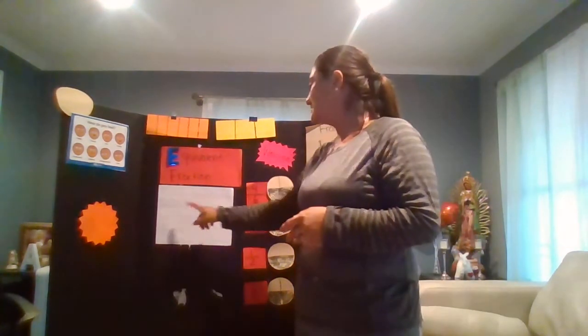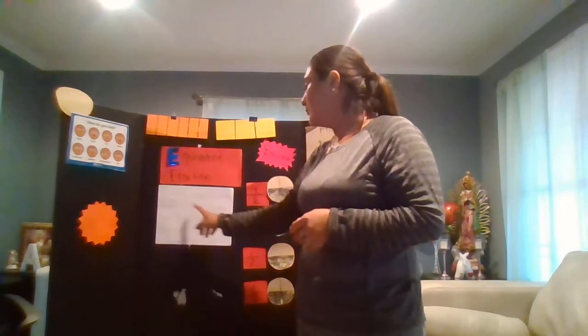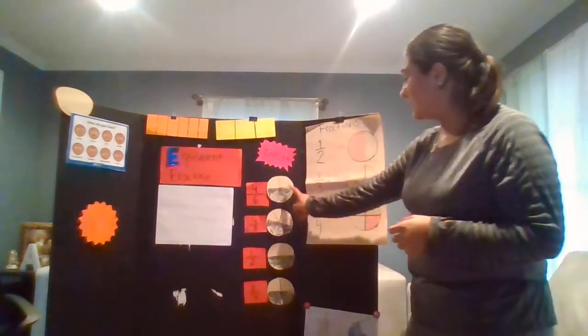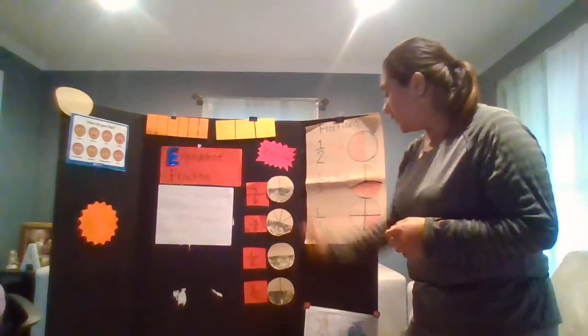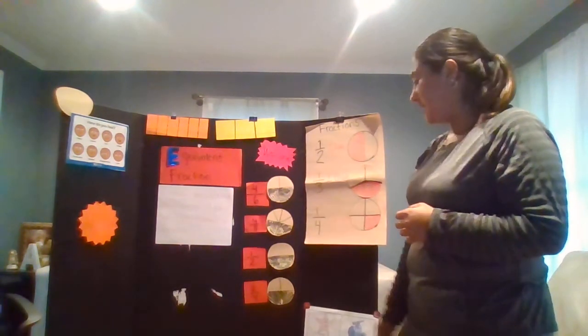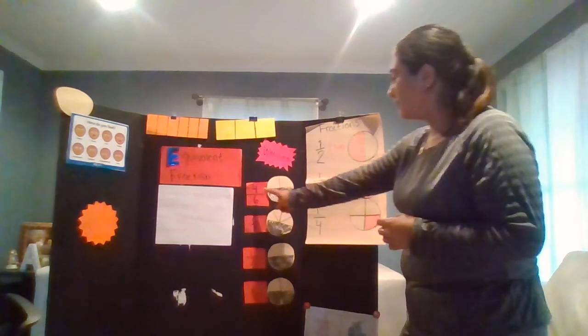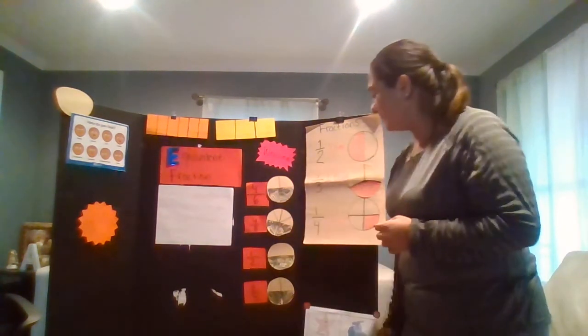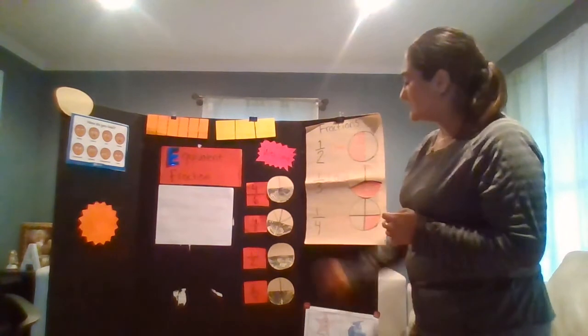So fractions, which represent the same portion of the whole, are called equivalent fractions. So take a look over here at my circles. Okay, so what do you think these images have in common? So I have 4/6, 4/8, 1/2, 2/4. Take a look at them.